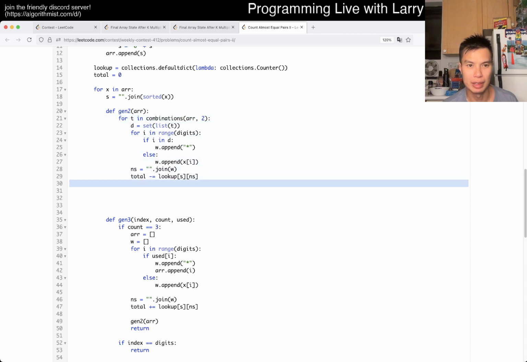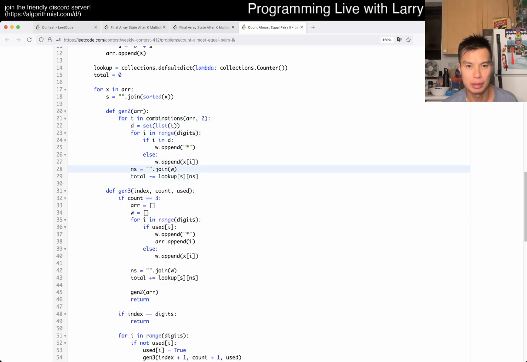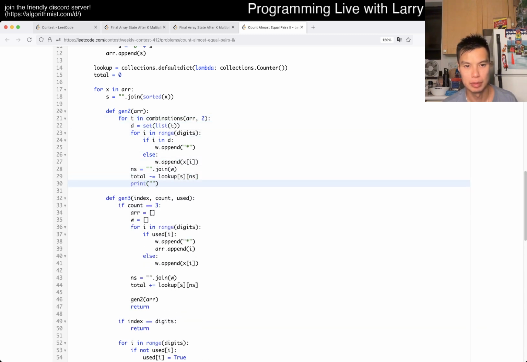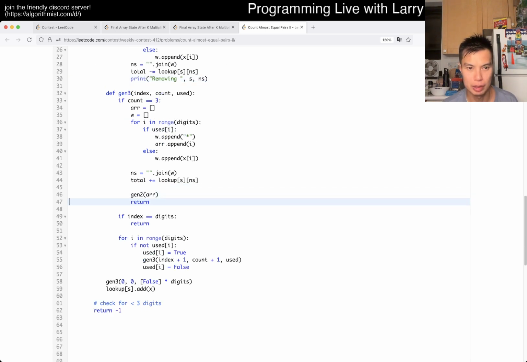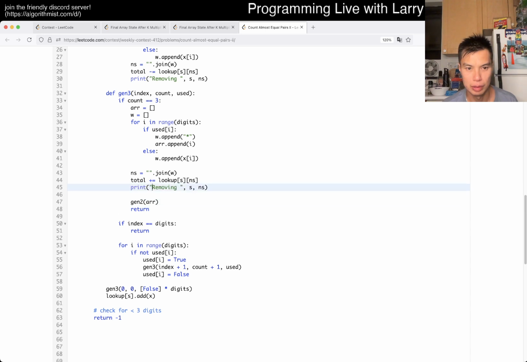Let's just write it. It's not done yet, but I don't want to keep going without more progress, so let's take a look. Also, I'm not doing enough. I need to, okay.